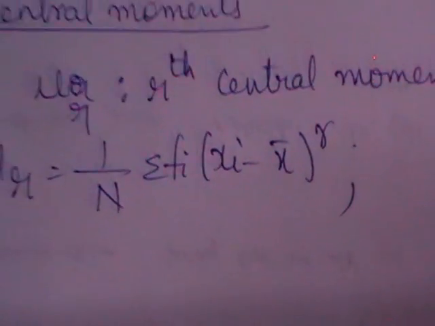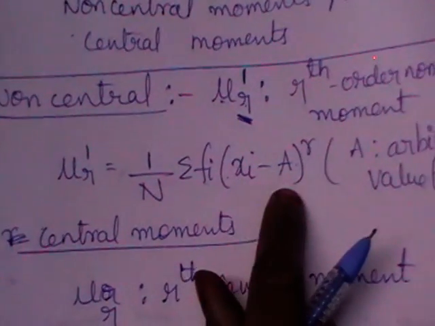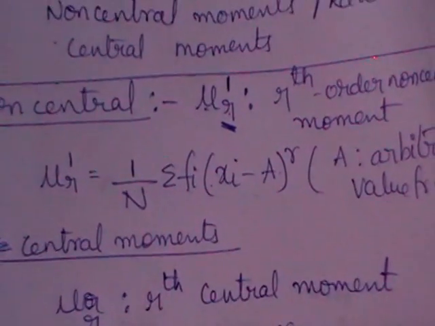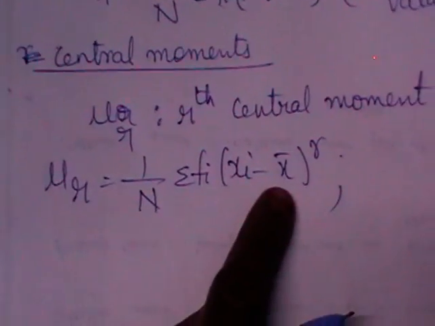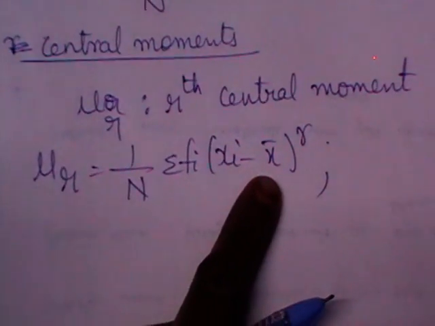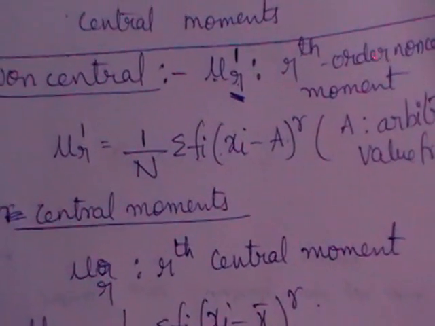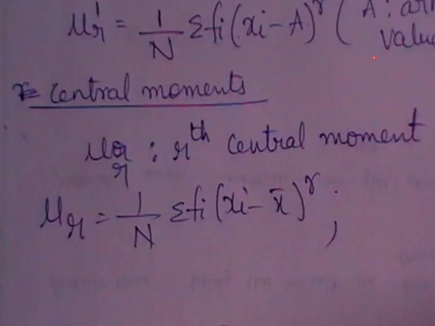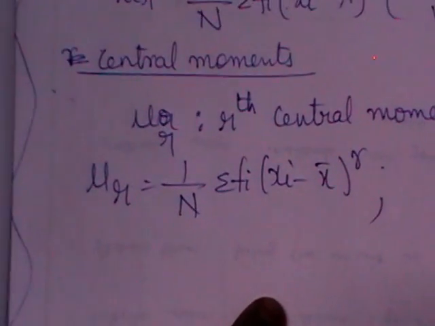So non-central moments are deviations, differences taken about an arbitrary point A. Central moments are deviations taken about x bar, which is the arithmetic mean. Mu r dash is the non-central moment 1 by n sigma f_i (x_i minus a) whole power r. Mu r is the central moment 1 by n sigma f_i into (x_i minus x bar) whole power r.